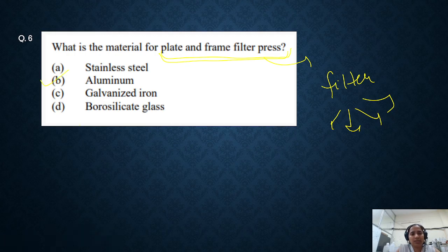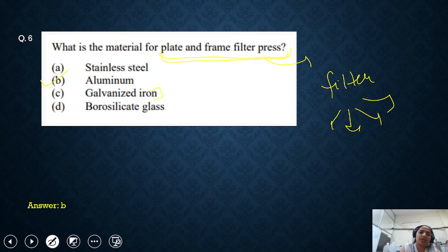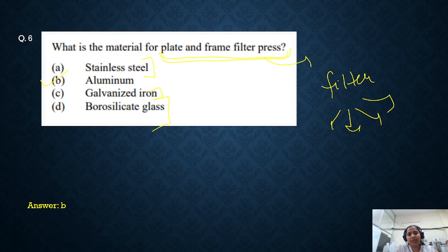So the correct answer to this question is B. Because we cannot use iron, as corrosion will occur and that can break. And stainless steel also we don't use because it cannot take that much force. So usually aluminum is preferred.